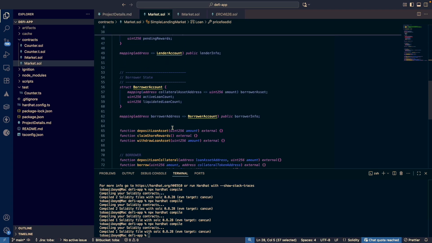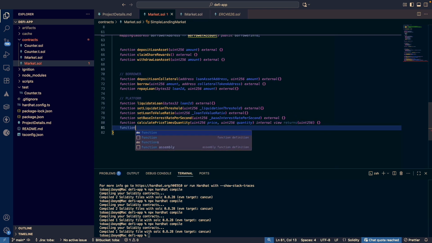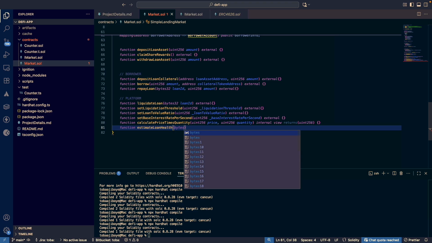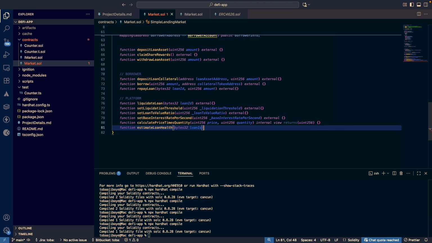I am going to write a function called estimate health factor. So function is estimate loan health. This is going to obviously take in a loan ID. And it's going to be external, so everybody can call it, view, and it's going to return a boolean.